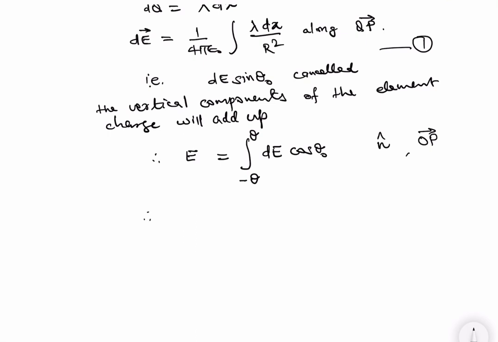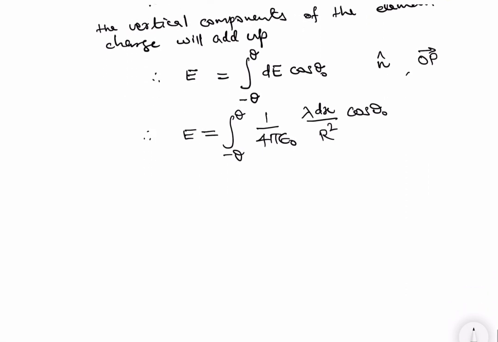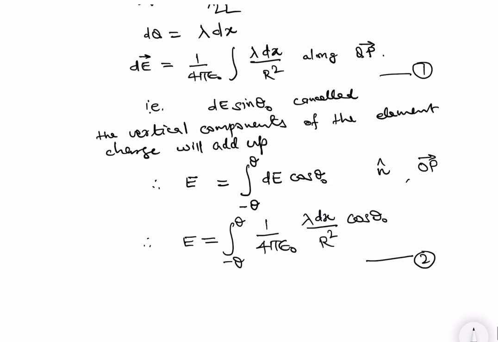Now E is equal to integral from minus theta to theta of 1 by 4 pi epsilon naught lambda dx by r square cos theta naught. This becomes equation number 2, and this is equation number 1.